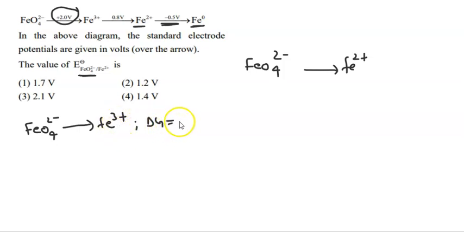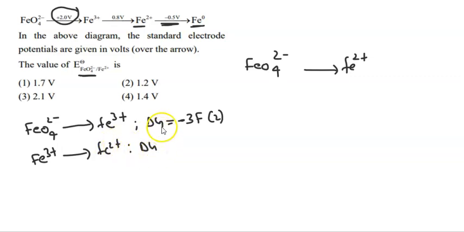So change in oxidation state is 3. We know that delta G is equal to minus nFE naught. Delta G1 is minus 3 into F into E naught value of 2 here. And the second one, Fe3 plus has been changed to Fe2 plus. Delta G2 is equal to, here only one electron is changed, minus 1 F into 0.8.